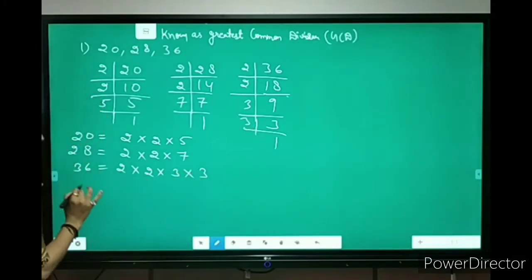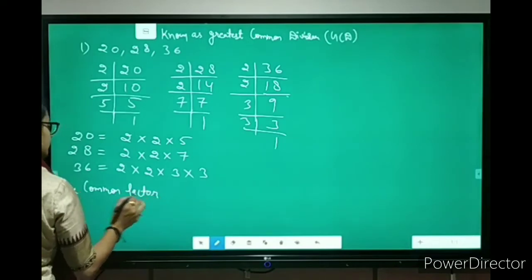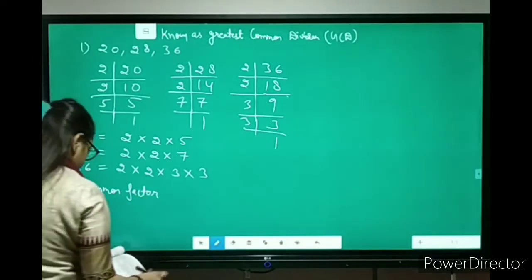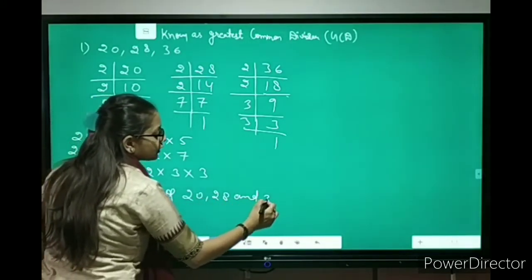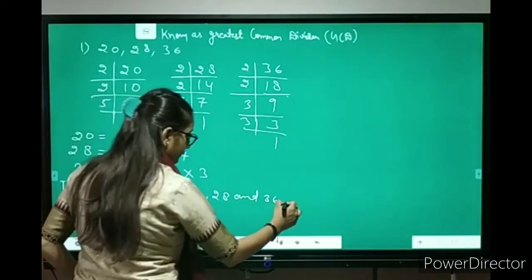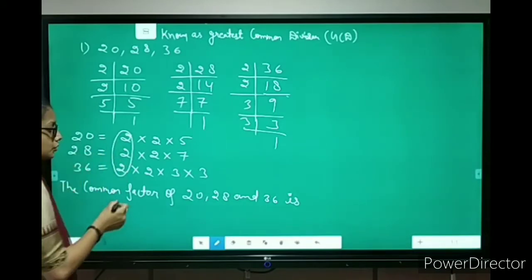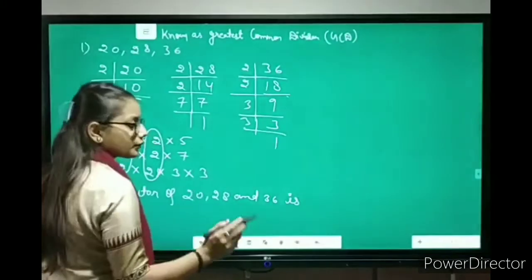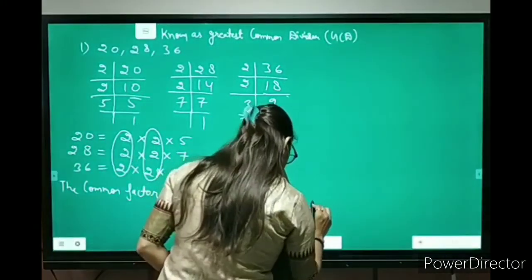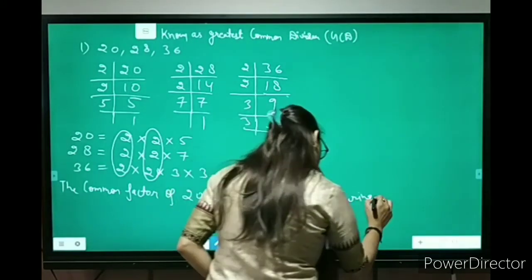Okay. So the common factor of 20, 28 and 36 is 2 and 2. The common factor is 2, occurring twice.